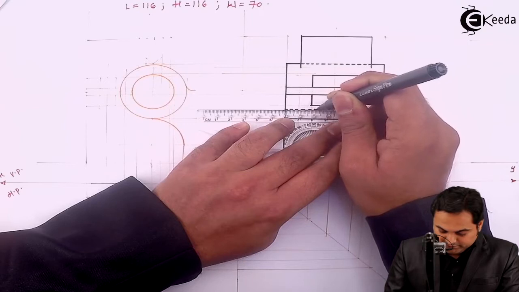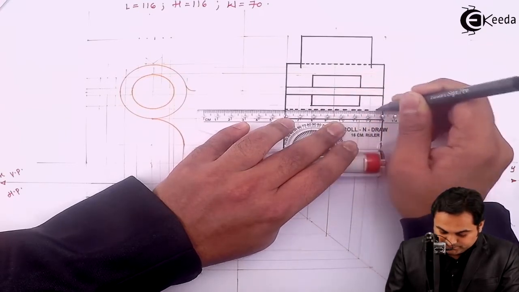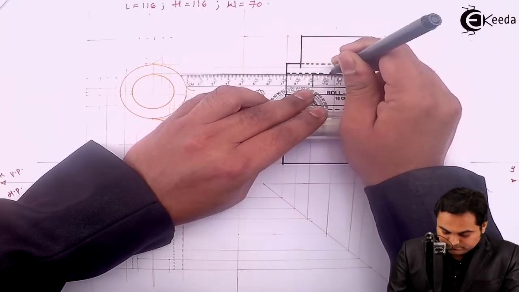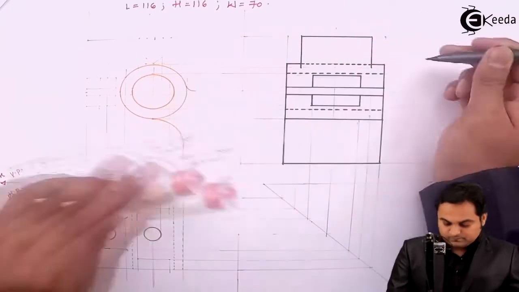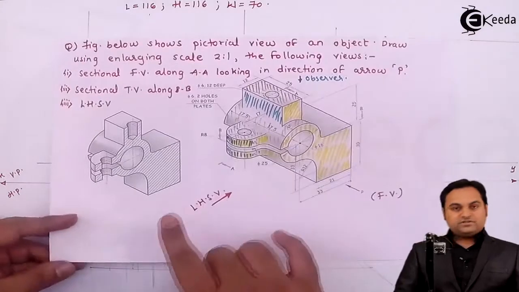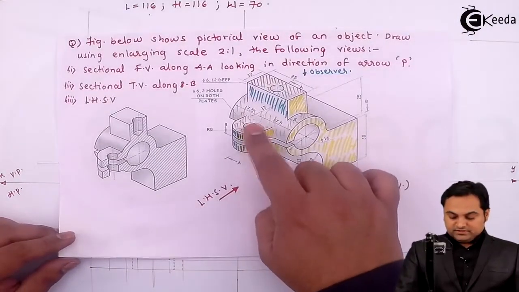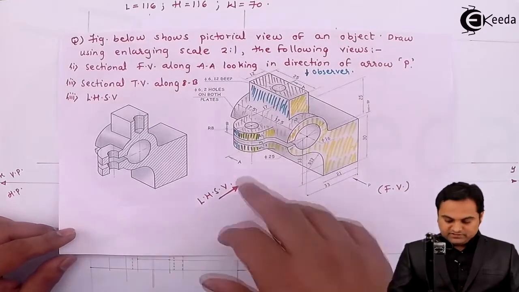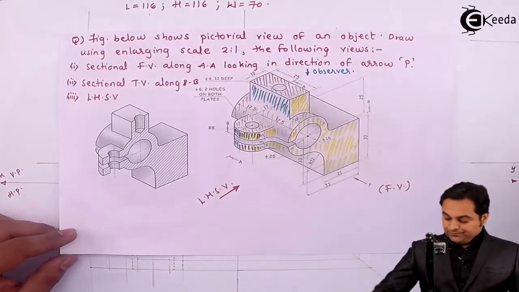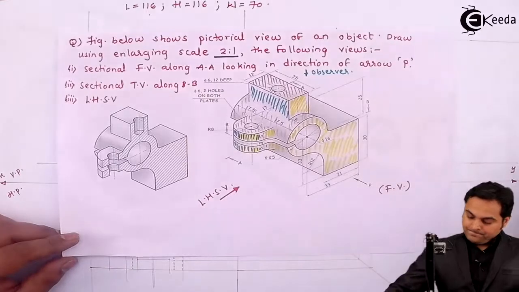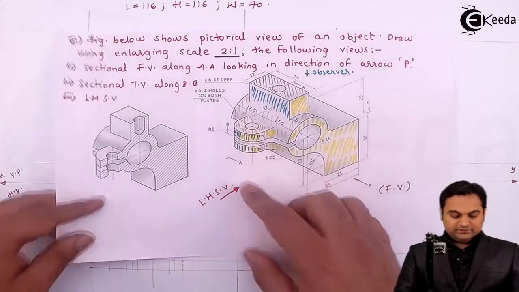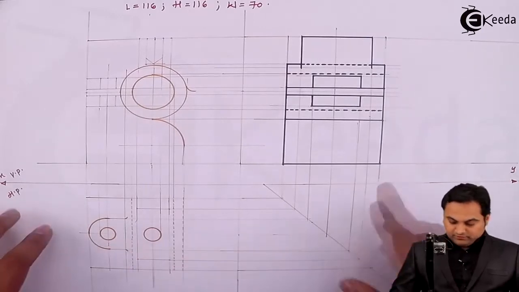So this will be hidden. Next, looking from the side, there is a circle of diameter 6. For us, it will be 12 because of the scale 2:1. That 12 mm diameter circle is there in both the plates. So I'll get that circle from the top view.